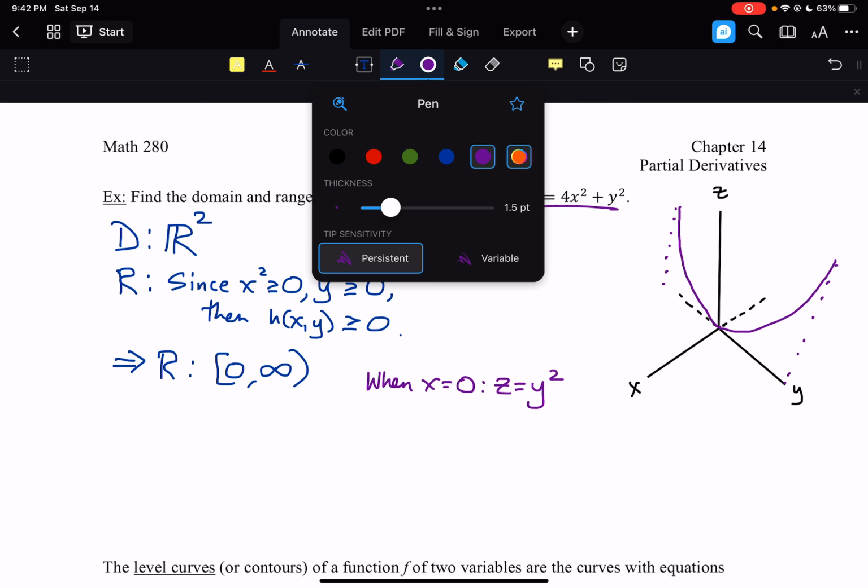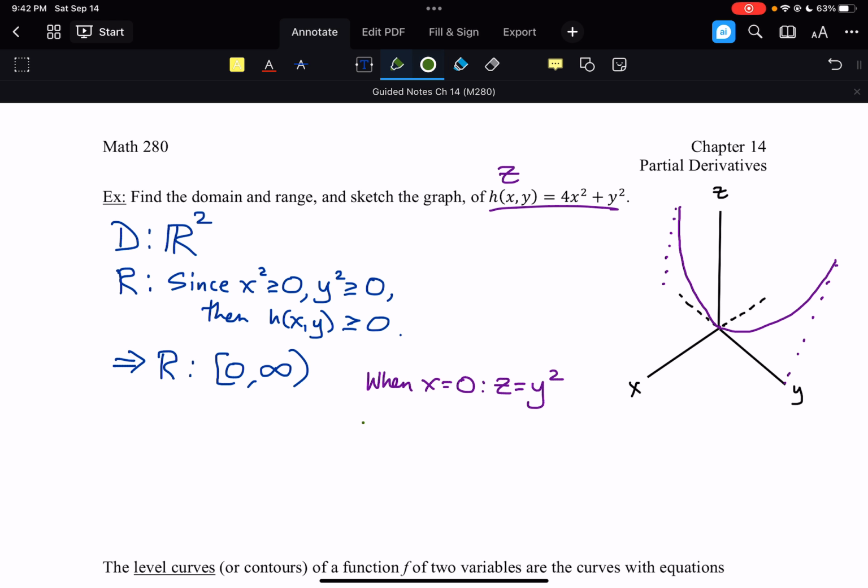If we take a look at when y equals 0, we get something similar. We get z equals 4x squared, which is also parabolic, but it grows 4 times faster than the standard parabola does.